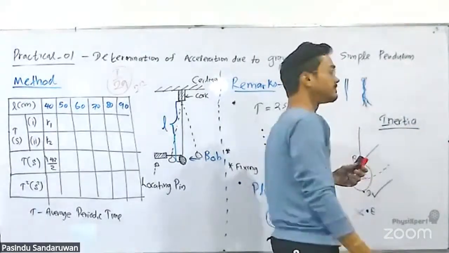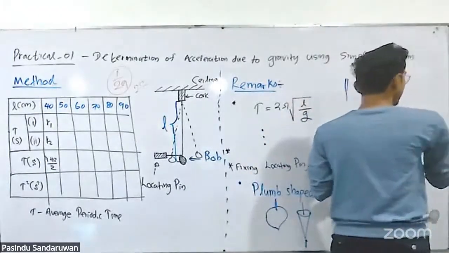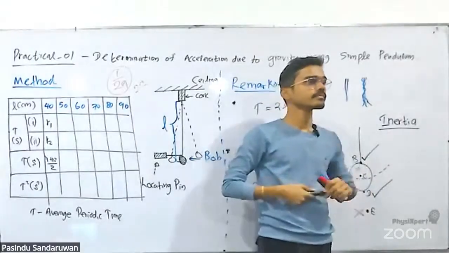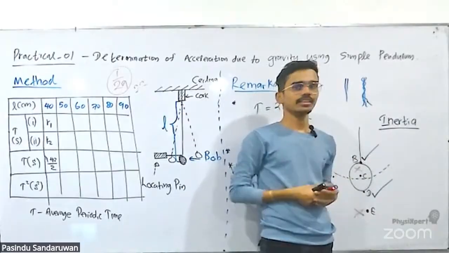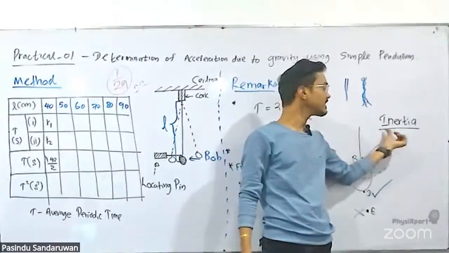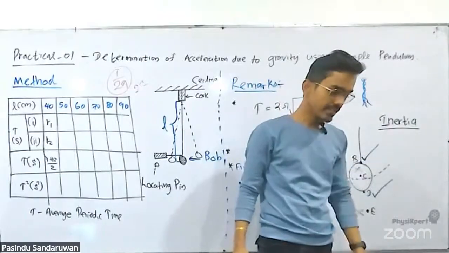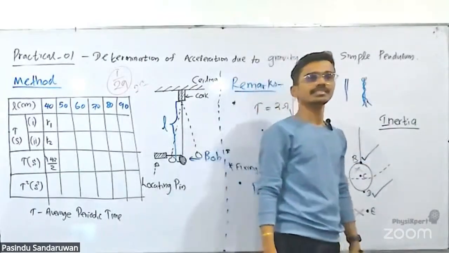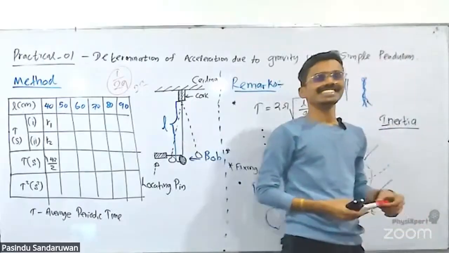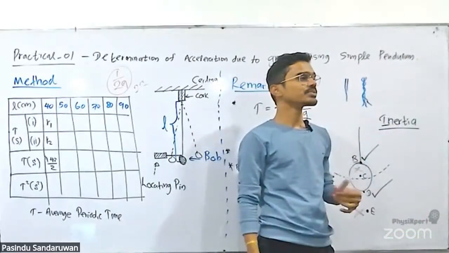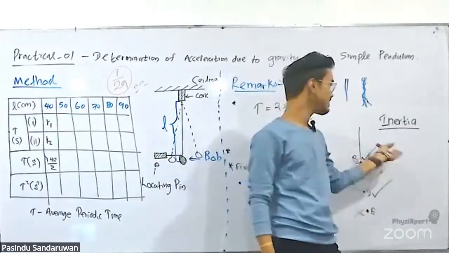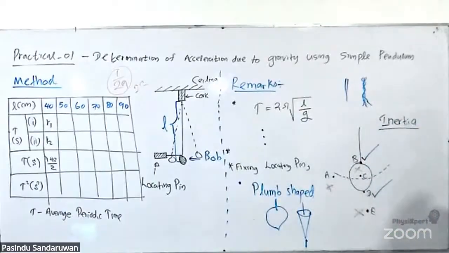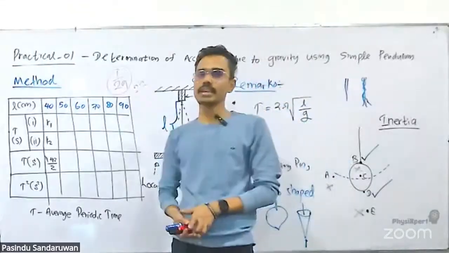What is inertia? Inertia is the reluctance to change the state of an object.